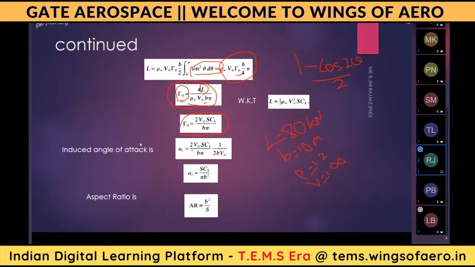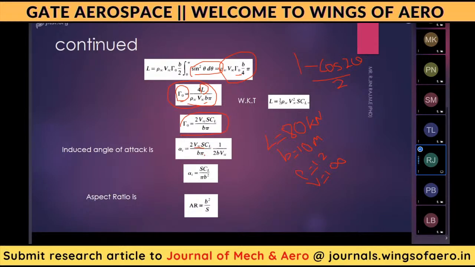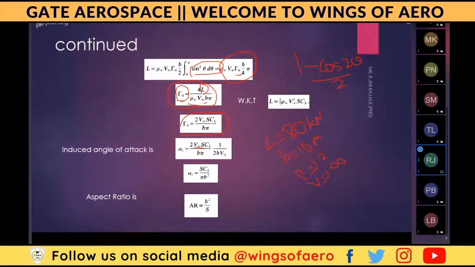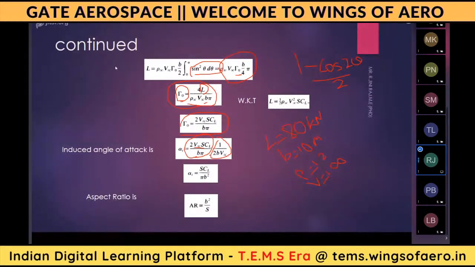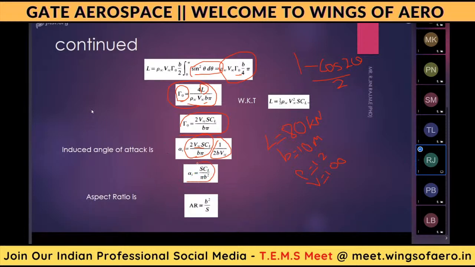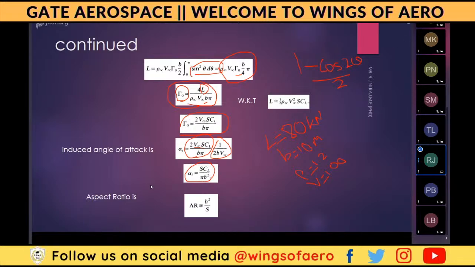Substituting the gamma naught value in the induced angle of attack formula, we get 2 V infinity S CL divided by B pi, into 1 divided by 2B V infinity. So 2 cancels, B square remains, and V infinity gets cancelled. So the remaining is alpha I equal to S into CL divided by pi into B square.